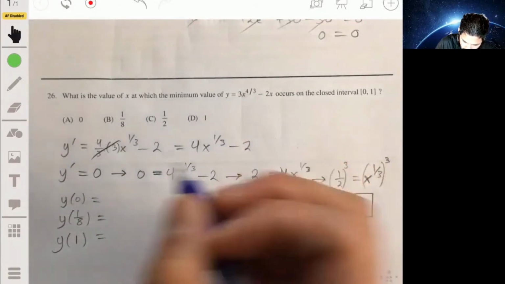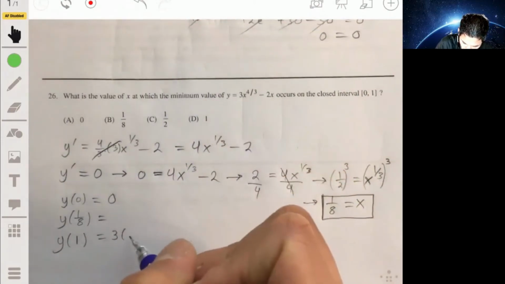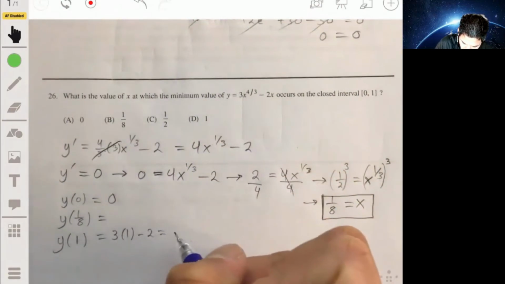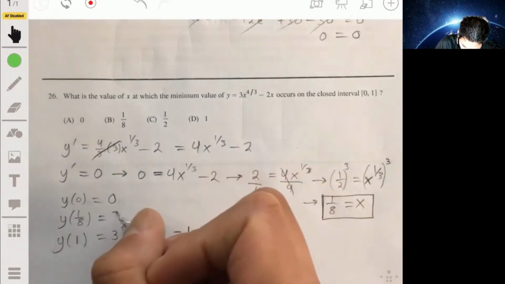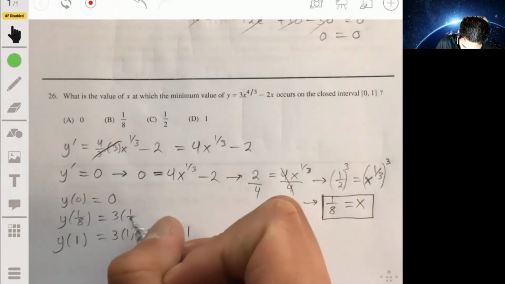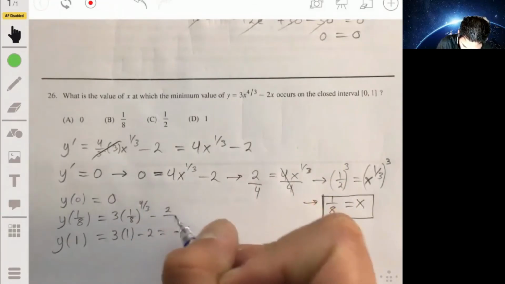So y of 0 will be 0. y of 1 will be 3 times 1 minus 2, which is 1. y of 1/8 will be 3 times (1/8)^(4/3) minus 2/8.